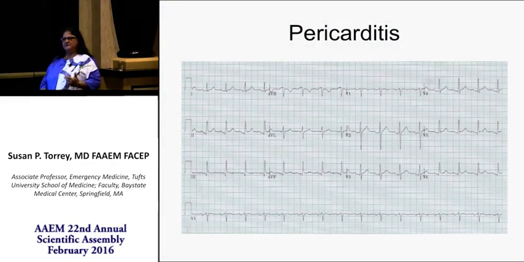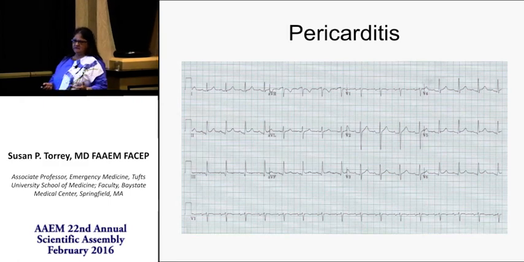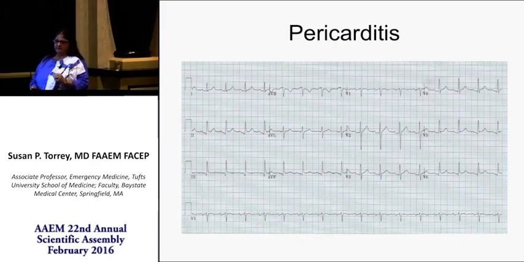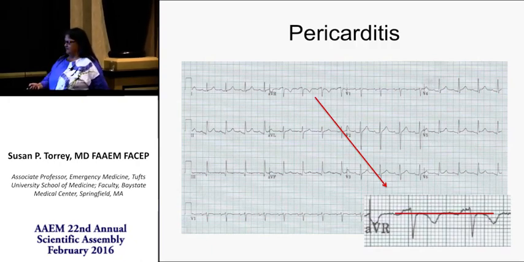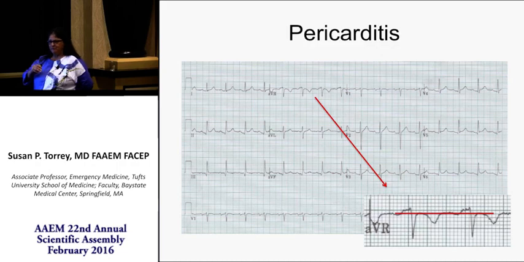Pericarditis can be tough. It's subtle ST elevation. There's all kinds of things we look for to discern if it's ACS or pericarditis. One thing that is useful, I find, is PR segment deviation. In this case, look at AVR. If you make a baseline, there's actually PR segment elevation.